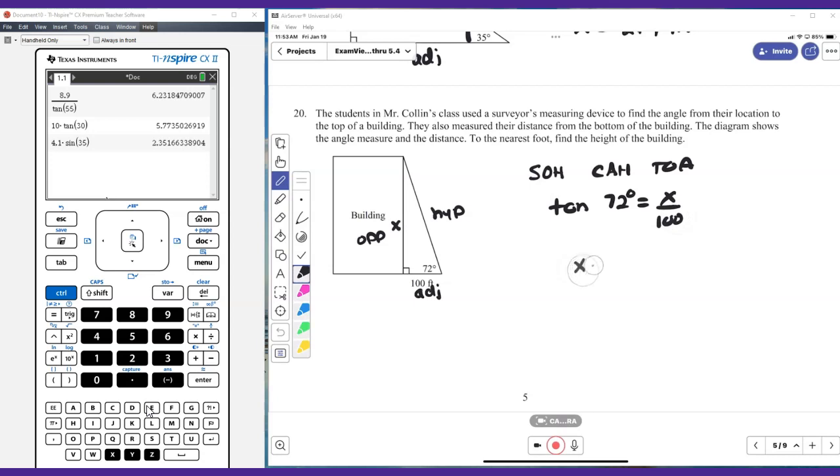To find that distance, you multiply tangent of 72 times 100. So you have 100, and then tangent of 72. And so the height of this building is 307.7, and it's set to the nearest foot, so it's 308 feet. That's the height of the building.